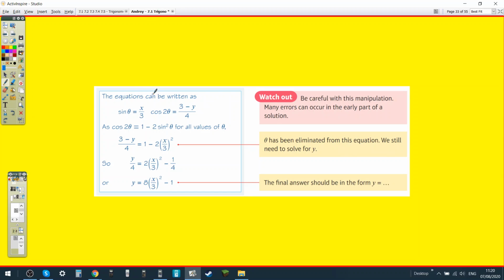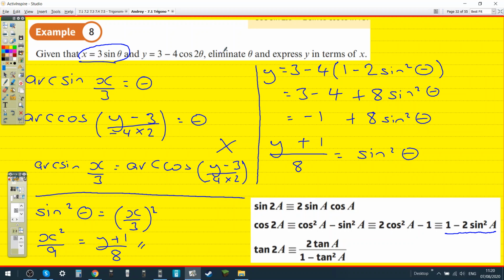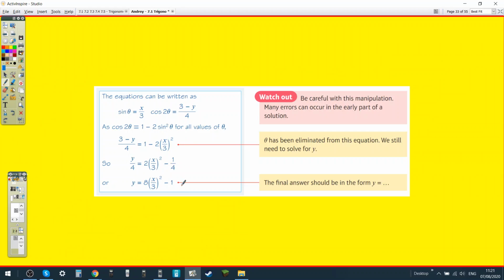Let's see, did they do something? Oh, they made y the subject. They didn't say that though, did they? Oh, express y in terms of x. Okay, so they wanted you to make it y equals. What would it be as y equals? So 8x squared over 9 minus 1. Yep, that's it. And they didn't even expand that square thing.